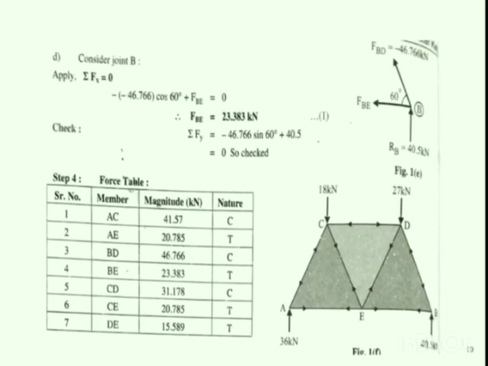So moving on to the last step, that is the force table. Now we need to tabulate the values of all the member forces that we have calculated with their nature. So we got the value of AC as negative. So 41.57 is the value, which implies that it is a member carrying compressive force.